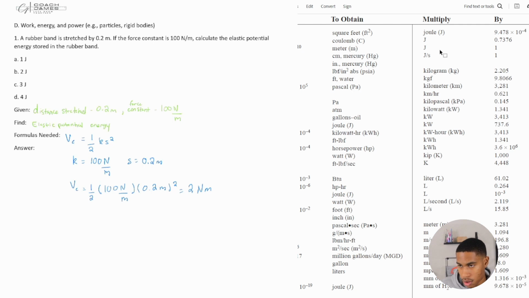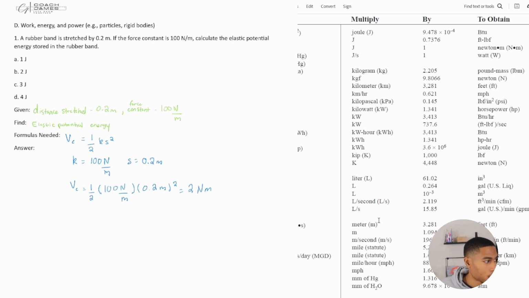Okay, so we know that 1 joule equals 1 newton meter. So 1 newton meter is equal to 1 joule, and therefore this is equal to 2 joules. Okay, so for my answer, I get B.